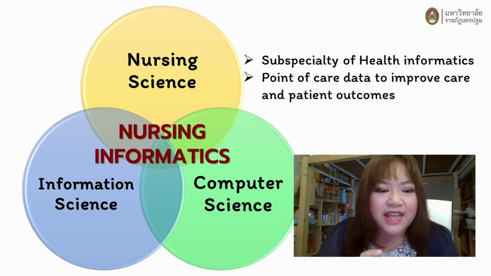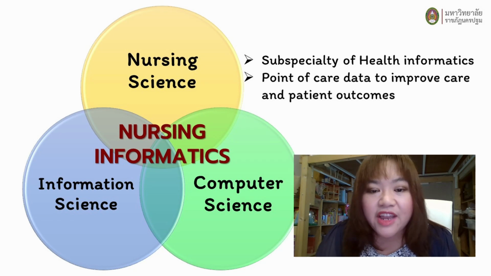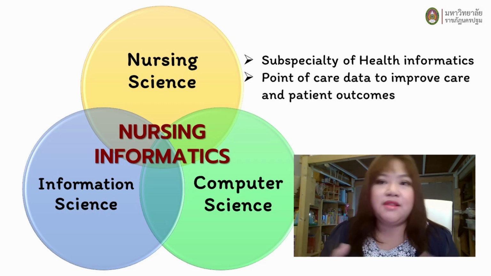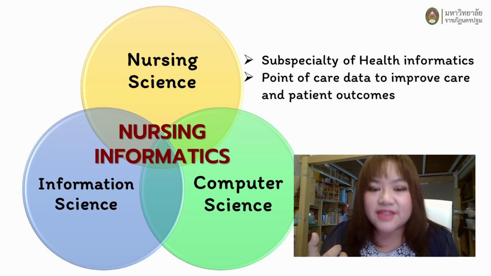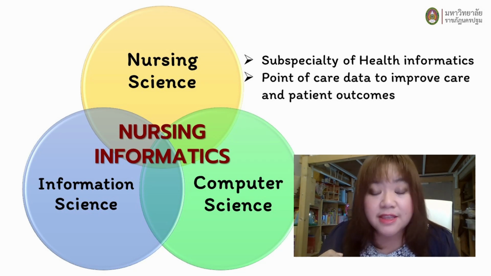Okay, come to the last one, computer science. Computer science is the study of computers and computational systems. Unlike electrical and computer engineers, computer scientists deal mostly with software and software systems.